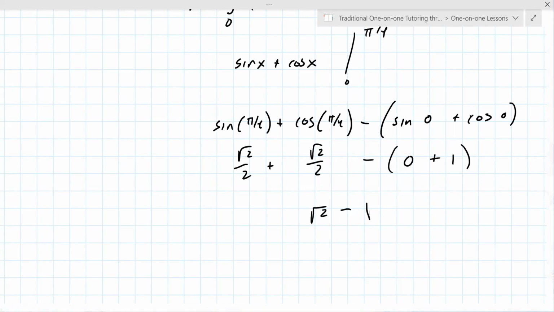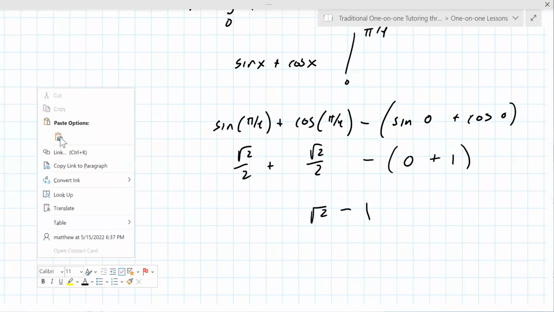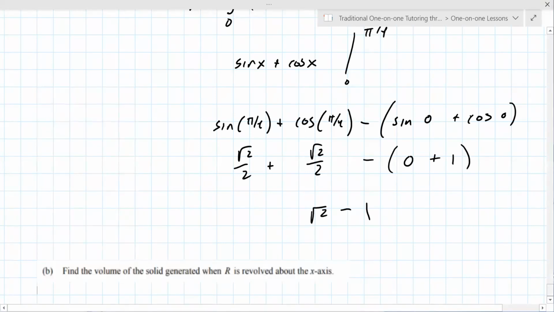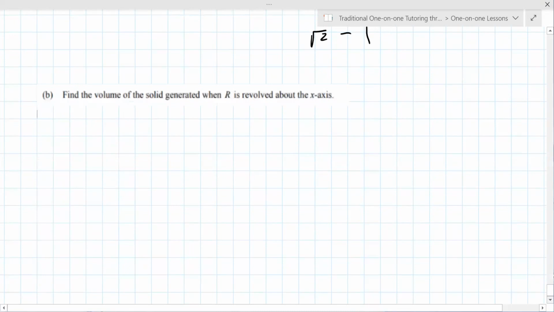All right, part B. Part B, find the volume of the cross section. So the only difference between this problem and the last is that, well, there's actually a lot of difference. Let me get the graph again.